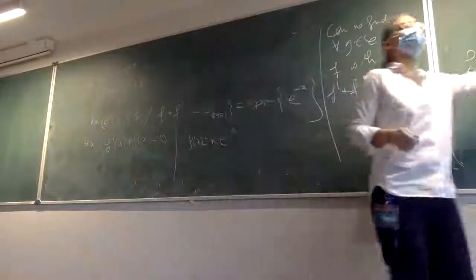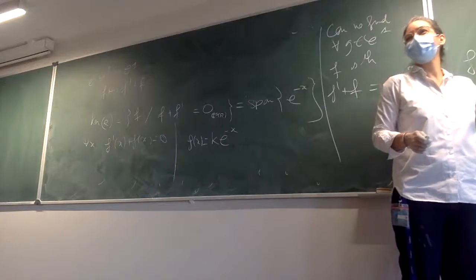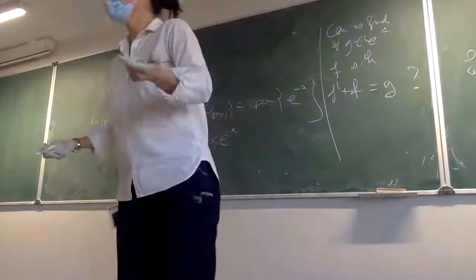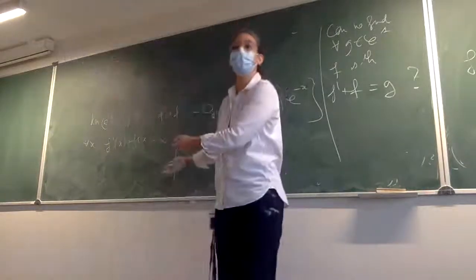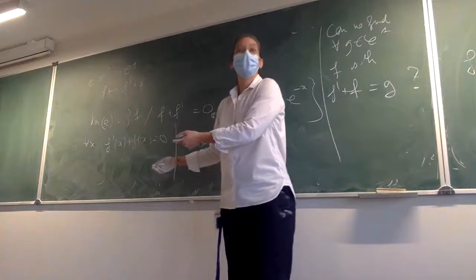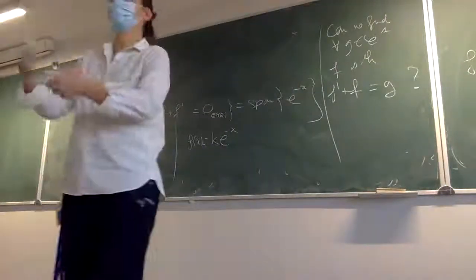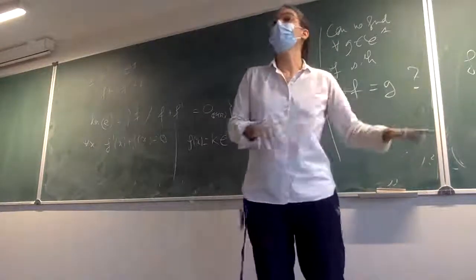When it's a constant, you're looking for a constant. When you've got a polynomial, you're looking for a particular solution that is a polynomial. When we have trigonometric functions, you're looking for trigonometric functions too. But that's one way to solve it, with particular solutions.